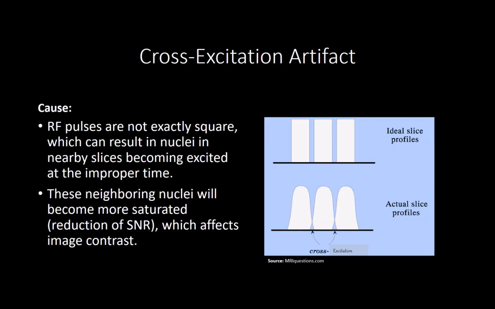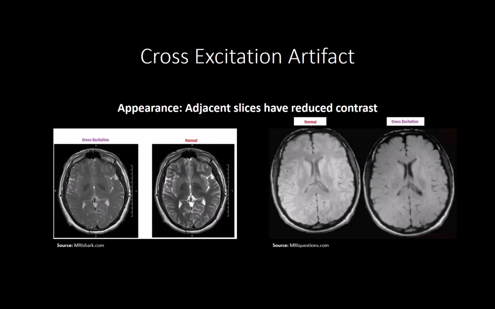These neighboring nuclei will become more saturated, which will reduce the overall SNR, which affects the image contrast as well. This artifact occurs along the slice select direction. This artifact presents as adjacent slices having reduced contrast and/or signal.